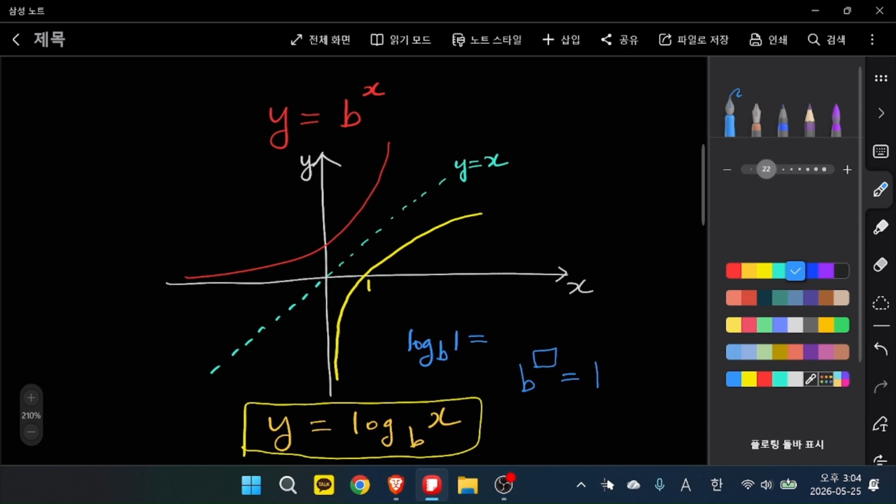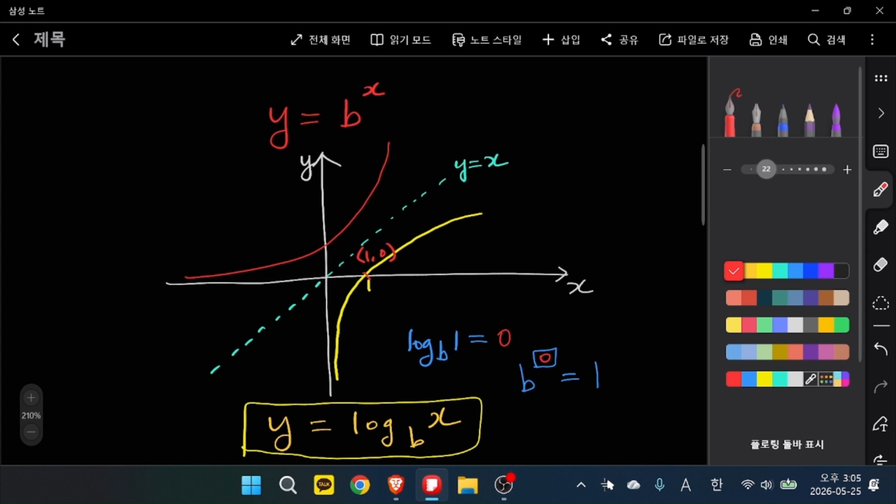Any positive base raised to the power of 0 equals 1. So log base b of 1 equals 0. That means the graph always passes through (1, 0).